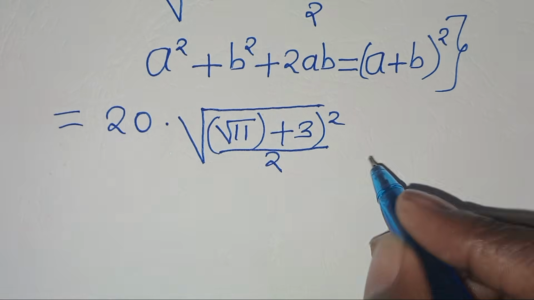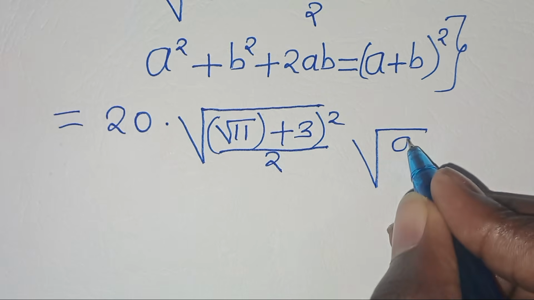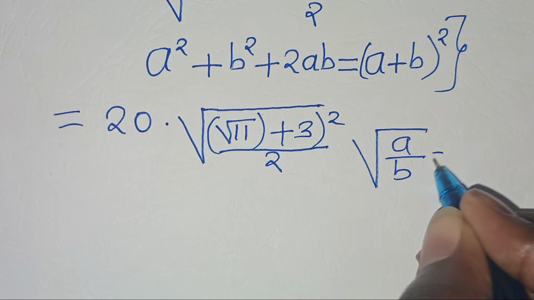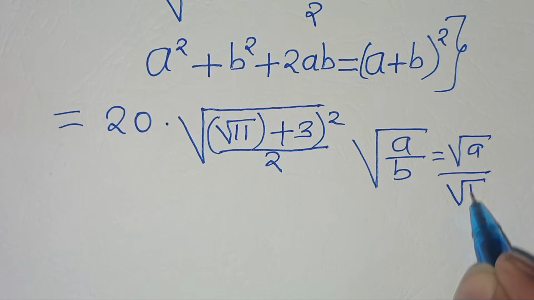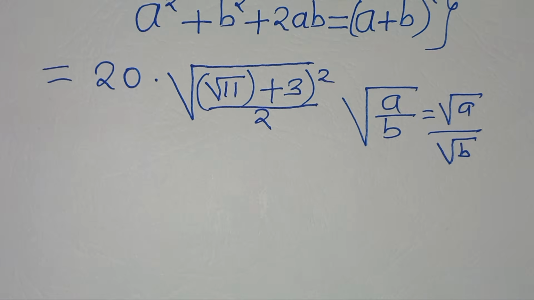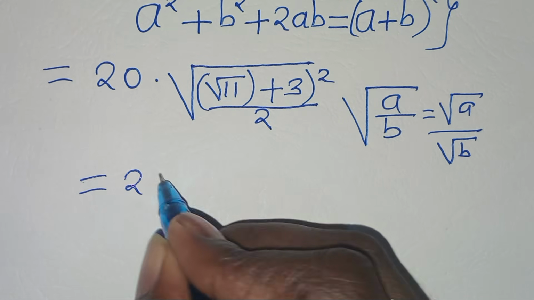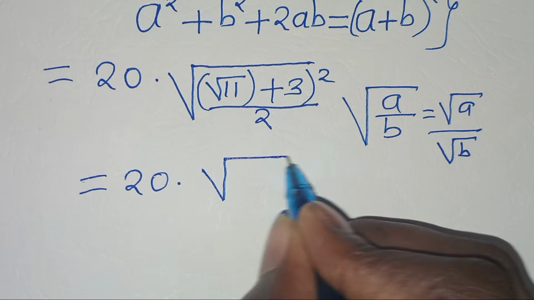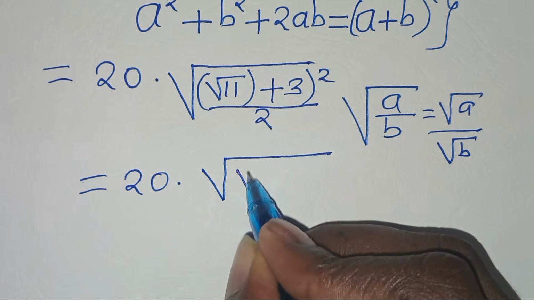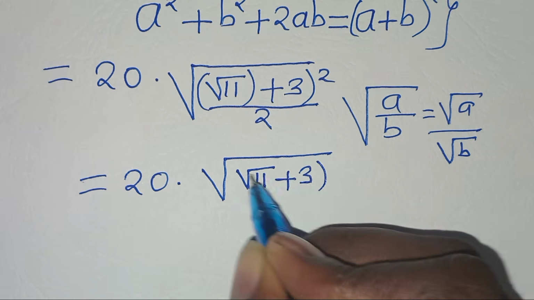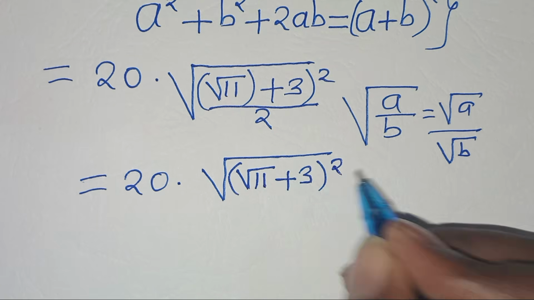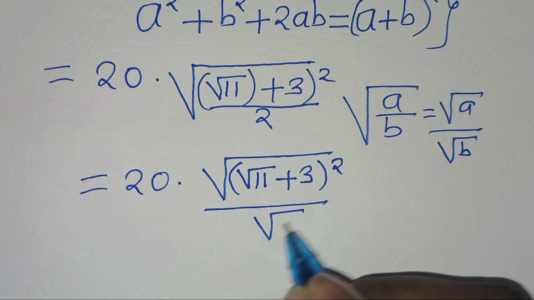Now this is in the form of the square root of a divided by b, which we can express as the square root of a divided by the square root of b. So here we have 20 multiplying by the square root of root 11 plus 3 raised to the power of 2, divided by the square root of 2.